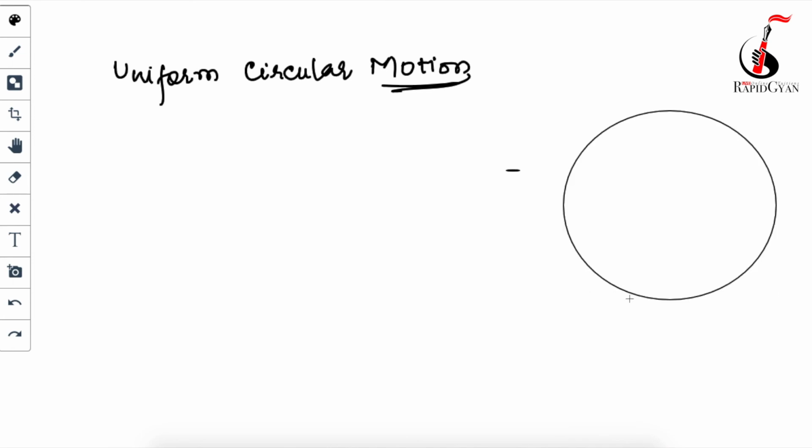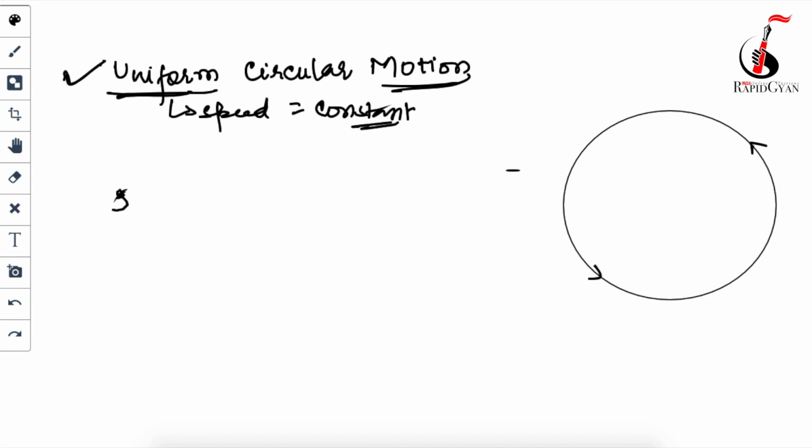If you are moving around this circular path, this kind of motion is called circular motion. And if your speed is constant, this is called uniform circular motion.